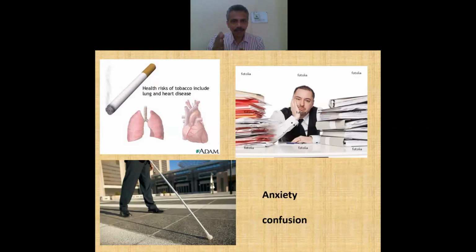I am going a step ahead and trying to give you what happens because of tobacco in phosphorus. If you can understand this, my effort will be fruitful. Mental exertion, yes, you also have kali phos, nux vomica, picric acid, a lot of remedies. But in phosphorus, what is the result of mental exertion? Mental exertion giving rise to anxiety, mental exertion giving rise to confusion.